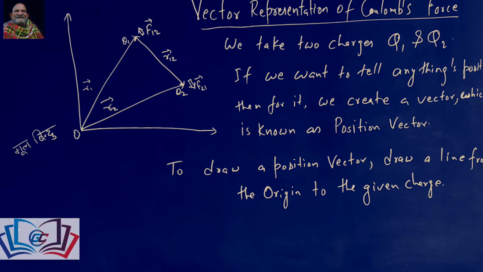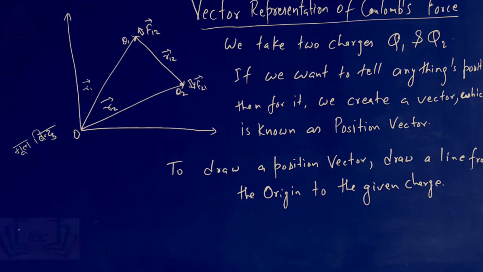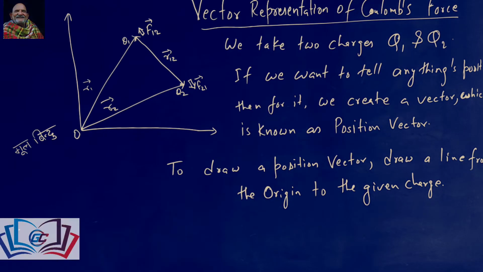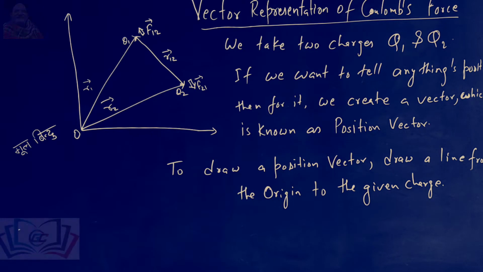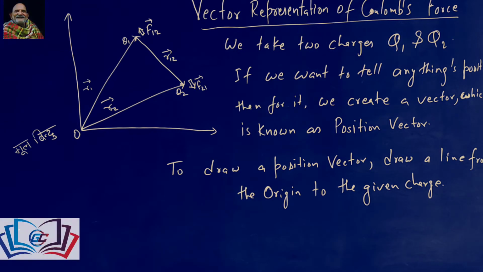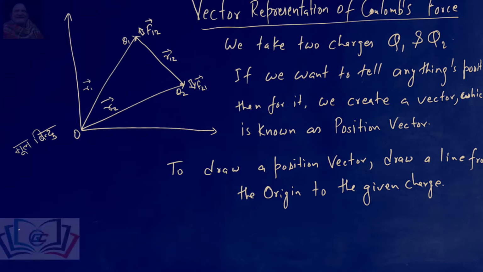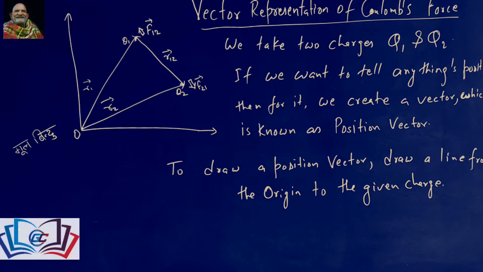There is a figure where there are two charges q1 and q2, and from the origin O the distance of q1 is r1 and the distance of q2 is r2.